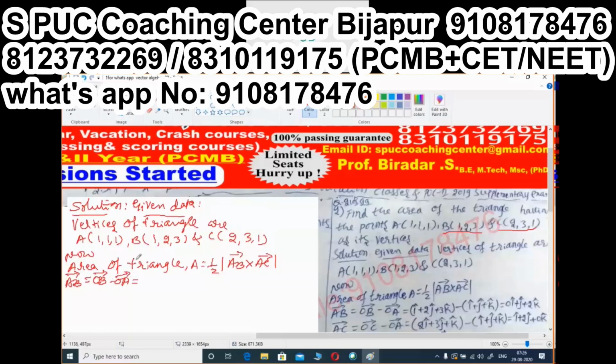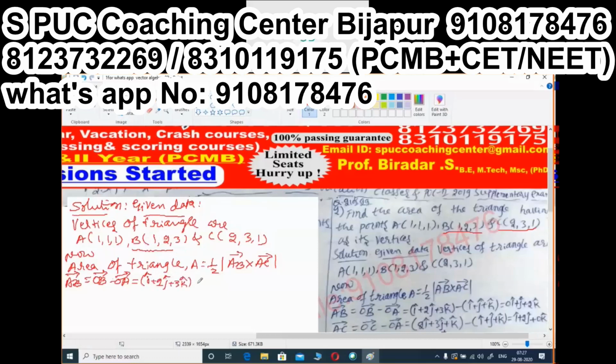Okay, OB vector, who would like to tell? Rakesh, tell about that OB vector. So here is the B point, its position vector you are going to write in vector form, multiplying I cap, j cap and k cap to these points: I cap plus 2 j cap plus 3 k cap.